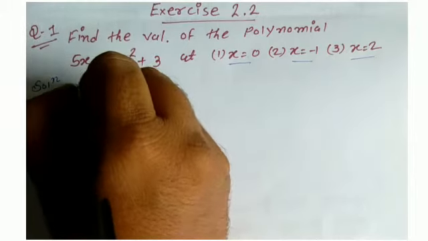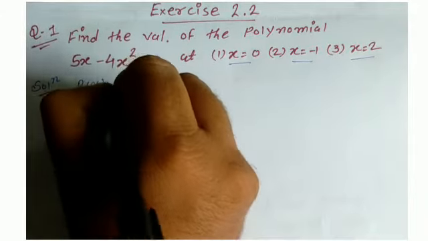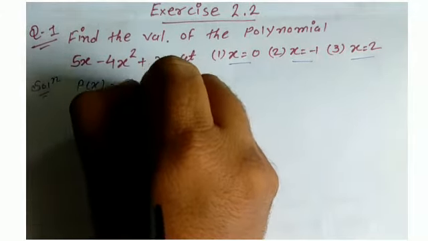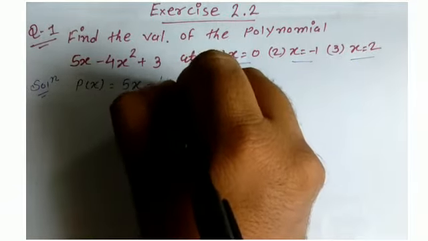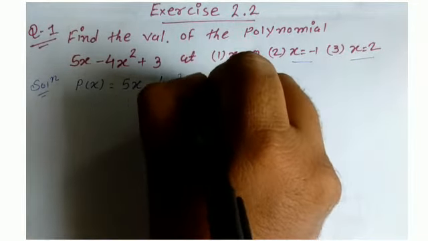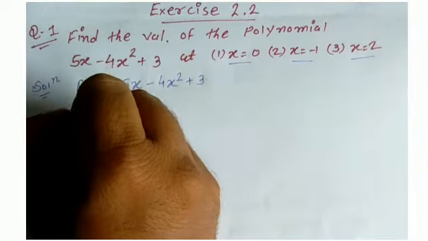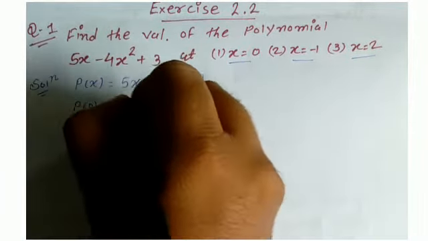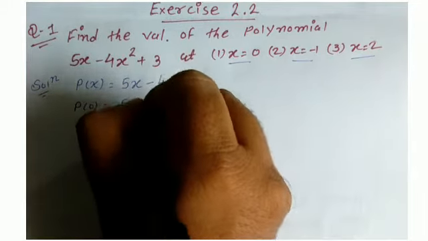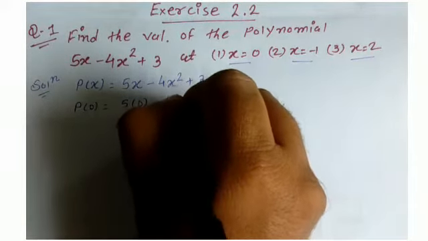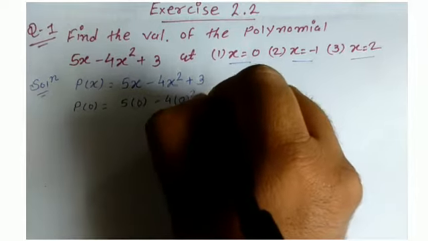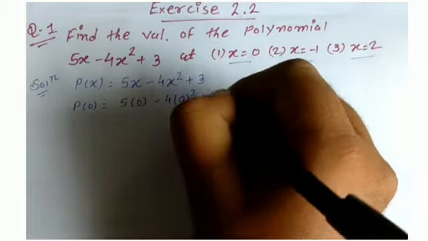First, we must write down our polynomial p of x is equal to 5x minus 4x square plus 3. Now, x is equal to 0. So, p of 0 is equal to 5 of 0 minus 4 into 0 square plus 3.